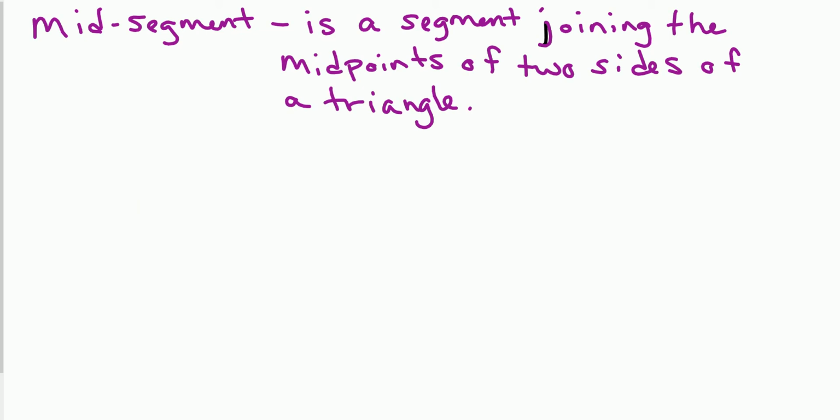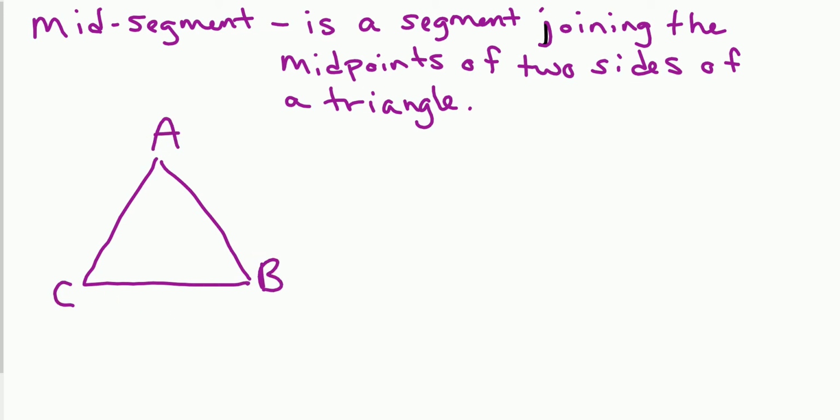So if we have this triangle, we'll say this is A, B, C, and this point here is E, and this point here is F. If I said that E is the midpoint of CA, that's the middle point, and F is the midpoint of AB, the segment that joins those two points together is the mid-segment.